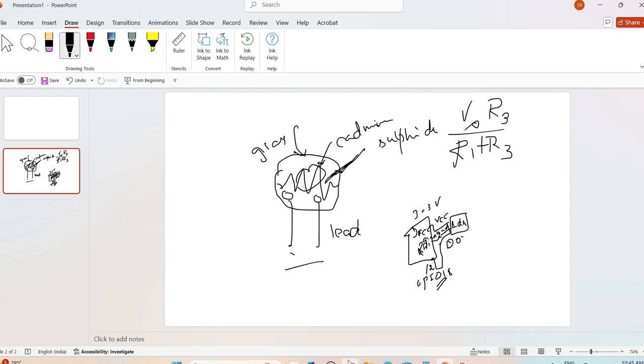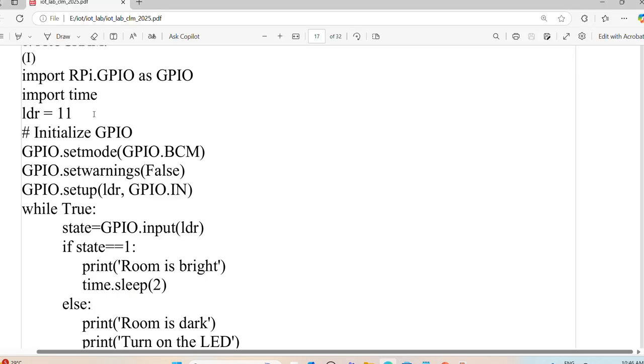The program is written according to that. Here this should be modified to the pin number. If it's BCM mode, then 11 should be modified to 18 so that we can connect pin number 12. The program is meant for setting the mode.